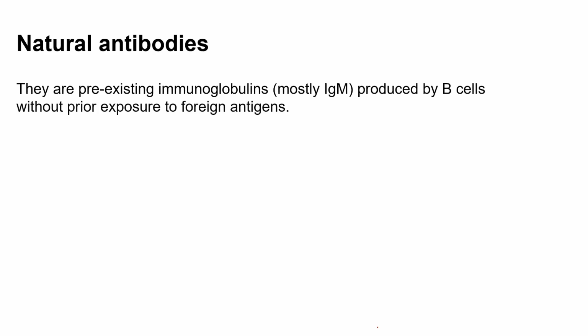And finally, we come to the last class of soluble mediators, and that is called natural antibodies. When there is an infection, there is a generation of antibodies in the human body, and even without infection, the body may contain different kinds of immunoglobulins, which we will see in later classes. These may be pre-existing immunoglobulins in the human body.